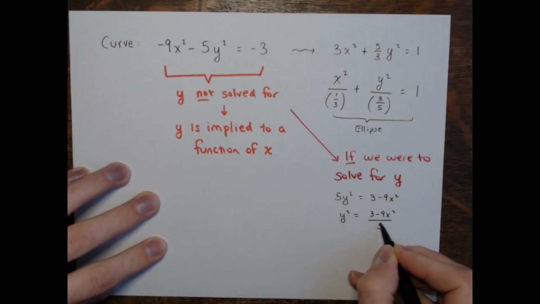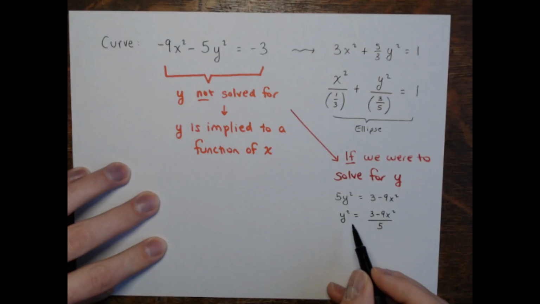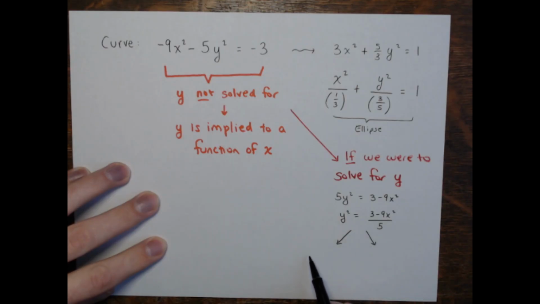Then I take the square root, and this leads me to two possible results. One is y equals the positive square root of 3 minus 9x squared, all over 5, or y equals the negative square root of 3 minus 9x squared, all over 5.